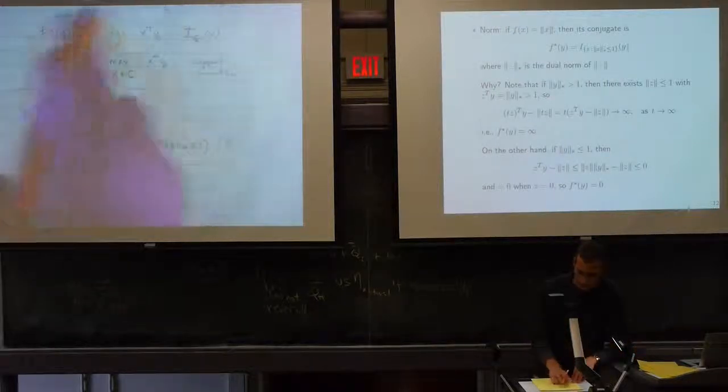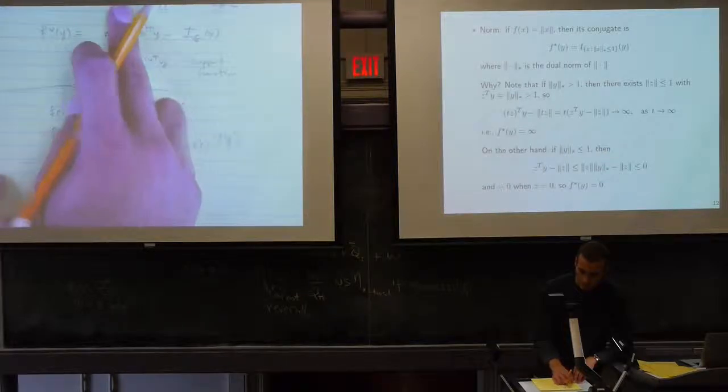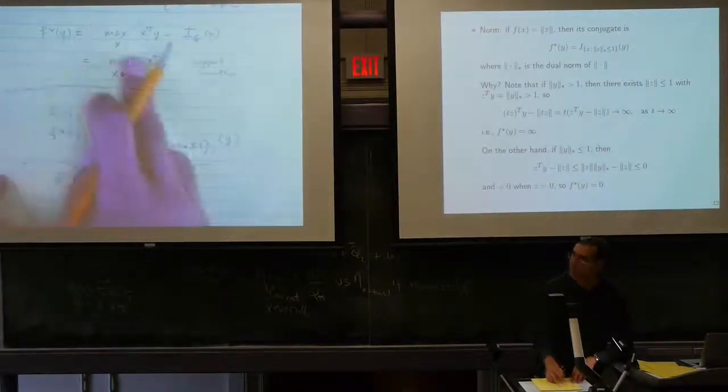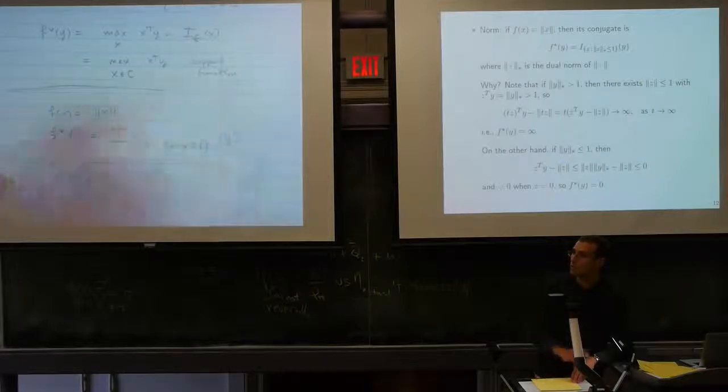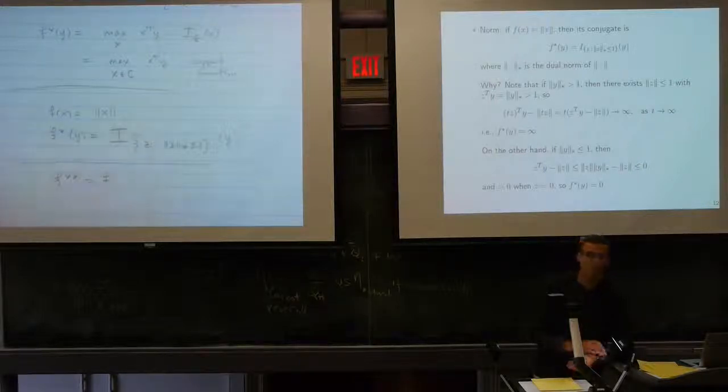So what does that tell us? We know that the dual of the indicator function is the support function. So what's the dual of the support function? It's the indicator, right?